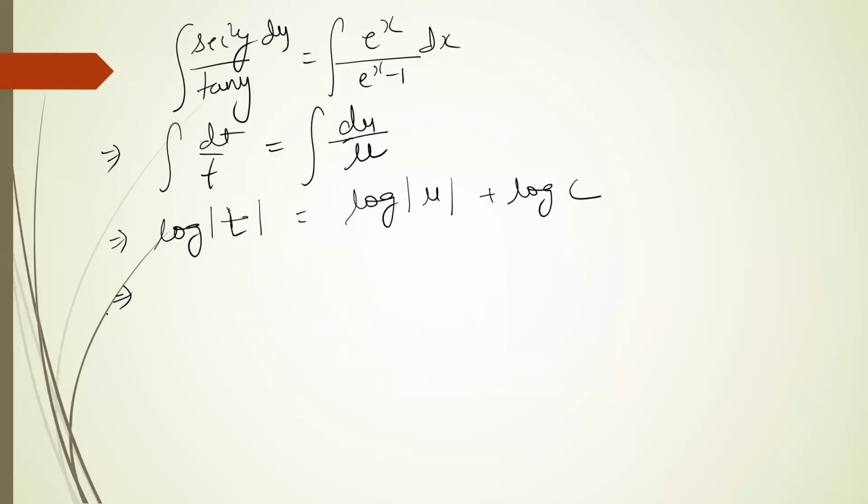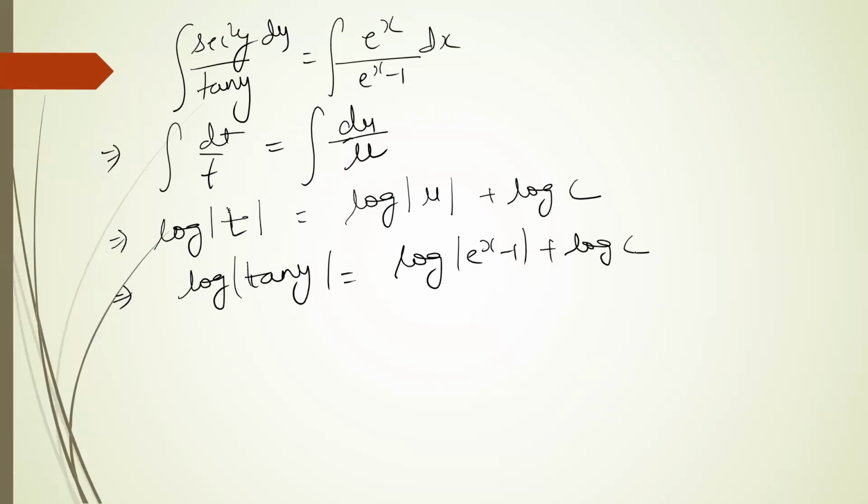So what will you get here? log of t, t is equal to tan y. So log of tan y is equal to log of e to the power x minus 1 plus log of c. This can further be written as log of mod of (e to the power x minus 1) into c.